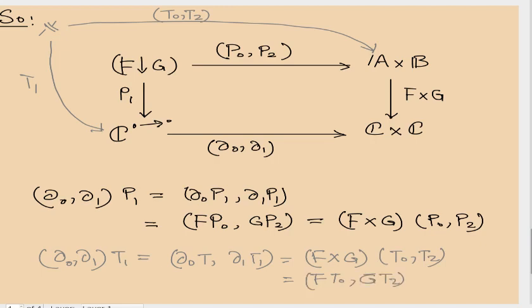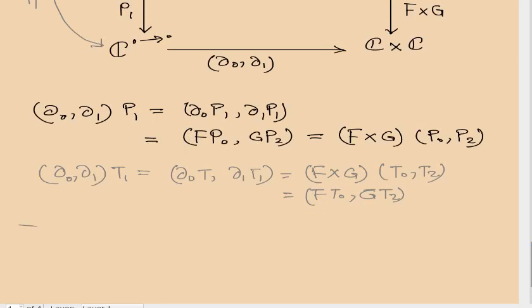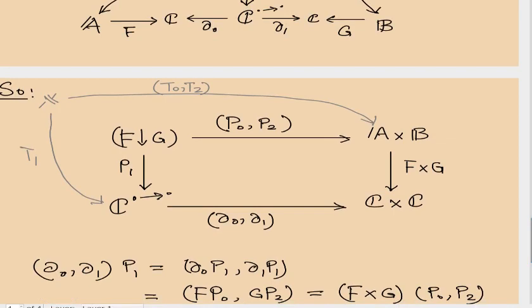So this actually provides us with the fact that del 0 T1 is F T0 and del 1 T1 is G T2. By what we have seen, therefore there exists a unique functor such that this whole diagram commutes.